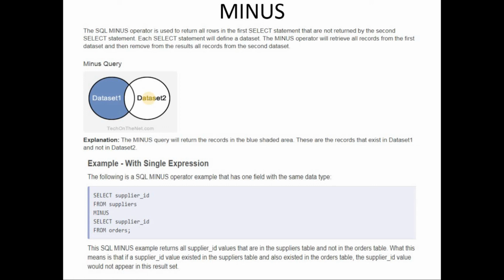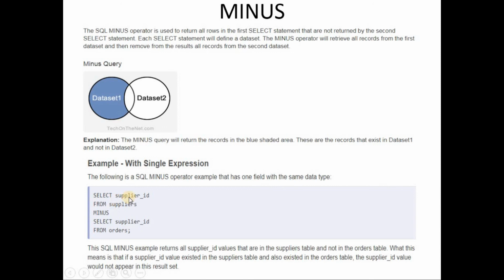That means two statements are used here: select supplier ID from suppliers minus select supplier ID from orders. So here you are using the minus clause. If an ID is there in the supplier table and is also there in the order table, that ID will not be displayed. That is the meaning of minus. You have to remember that.